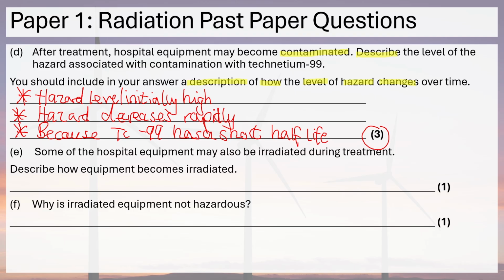Some of the hospital equipment may become irradiated, so we've now got irradiation as opposed to contamination, and we need to describe how equipment becomes irradiated. So we know contamination is about a radioisotope being on or in something or somebody. But when we're talking about irradiation, then the equipment is exposed, it's a good word there, it's exposed to ionizing radiation.